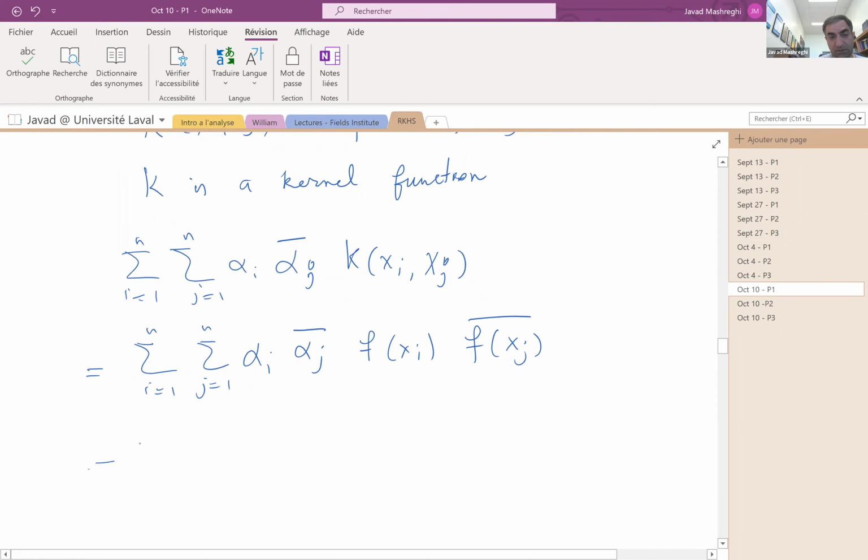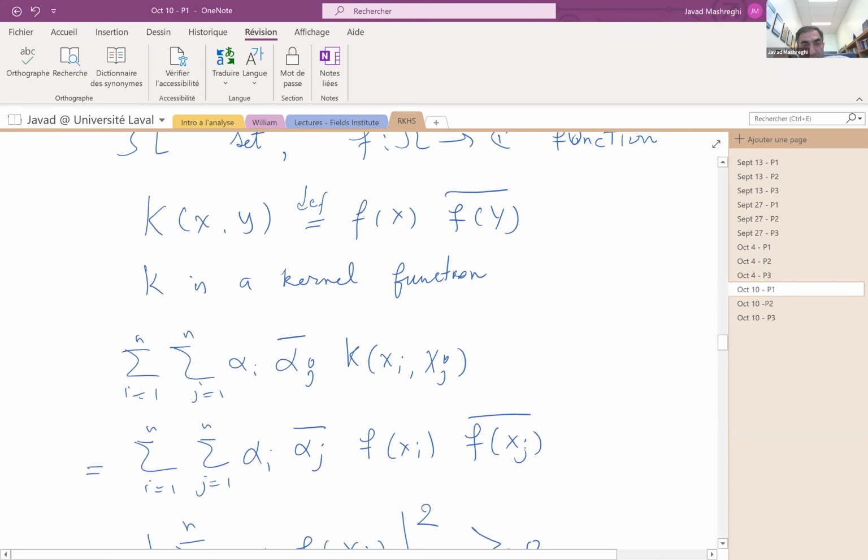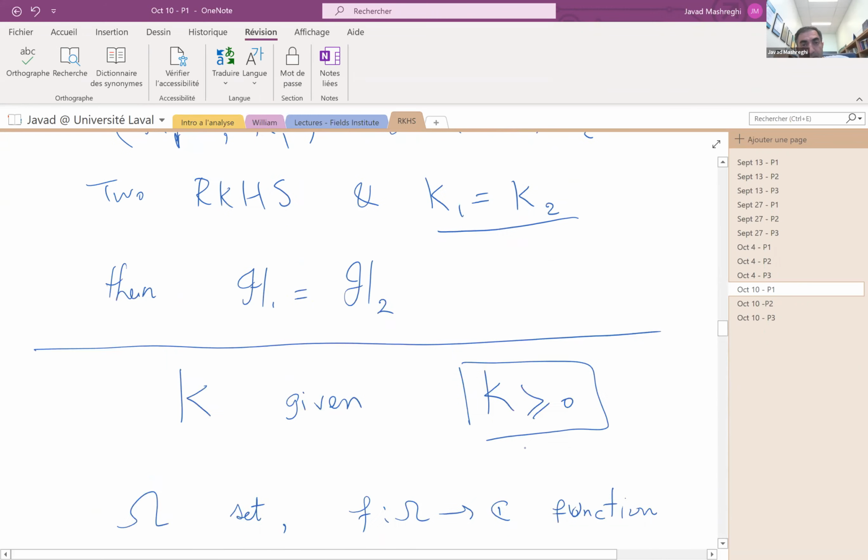And this is nothing but the sum of alpha_i f(x_i) mod squared, which is positive all the time. So you see, it's not difficult to create a kernel function. This is one of the simplest examples.